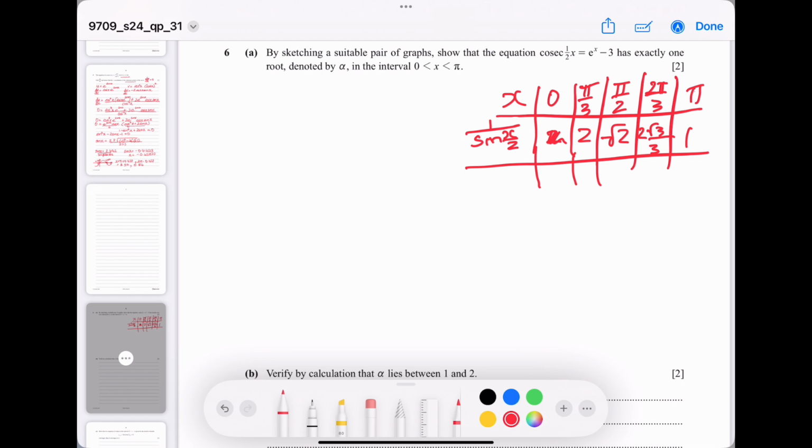Then we're finding e to the x minus 3 for those same values. So e to the power of 0 minus 3 is minus 2. Pi over 3 is negative 0.15.